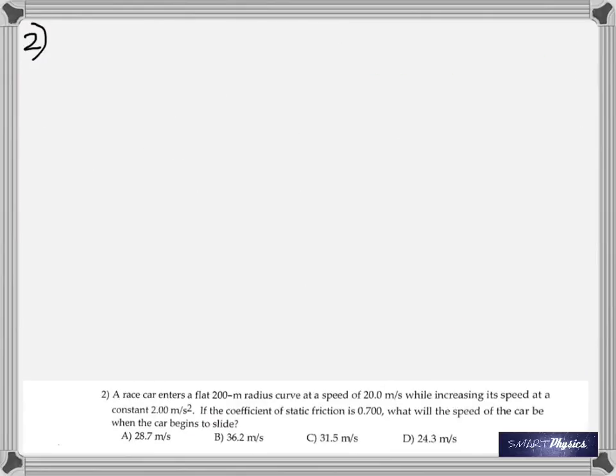All right. When you read the second one, you understand that there is no banking for this road, right? If at all it has to stay on that curve, it has got to do that using friction. So there's only friction, and the centripetal force has to be provided by friction.